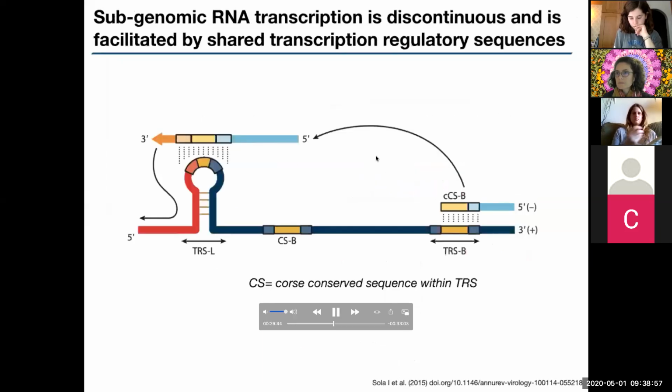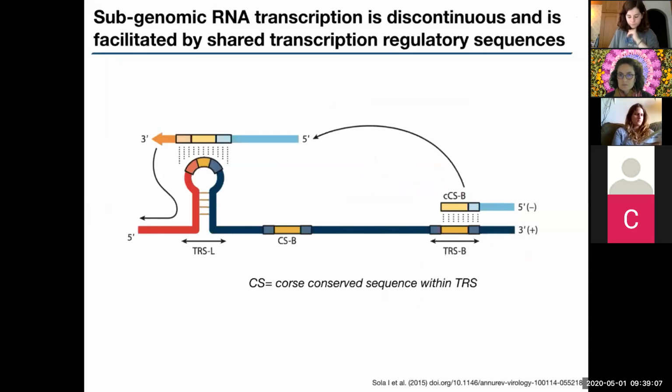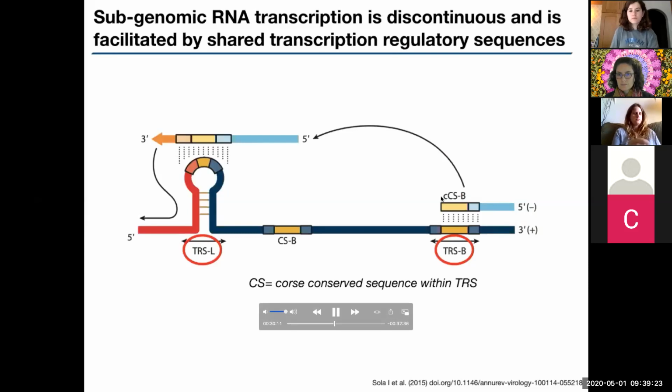It involves a series of sequences called transcription regulatory sequences, or TRSs, at the junction between each of those genes encoded by the virus, as well as at the 5' end of the genomic RNA, just downstream of the leader sequence, which is denoted in red here. These are conserved TRS sequences, these transcriptional regulatory sequences.